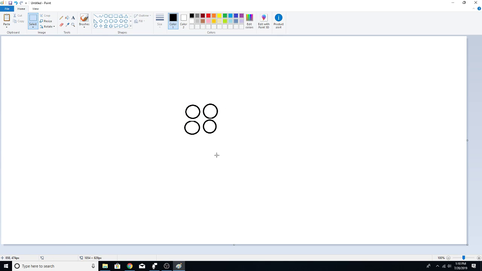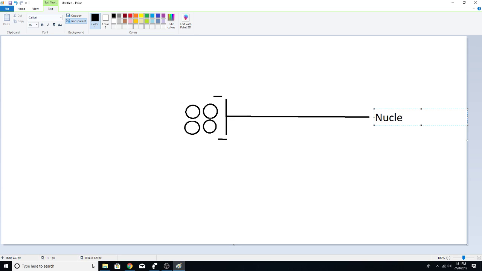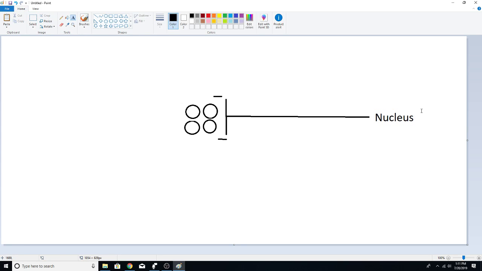So yeah, this is the nucleus of the atom. It's not the full atom itself, but we are missing something which makes up the atom, and that's the electrons.